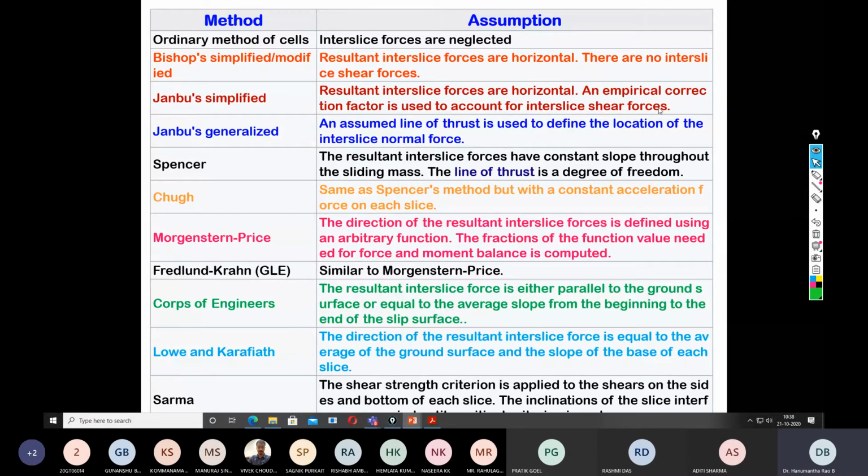If you look carefully at the hierarchy from the oldest method to the newest method, everybody has attempted to overcome what was assumed in the previous method. So here it is clear. Bishop assumed there are no interslice shear forces, but Janbu has overcome this by assuming an empirical correction factor.